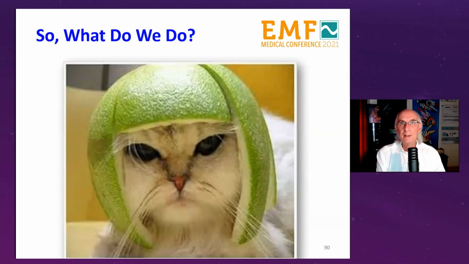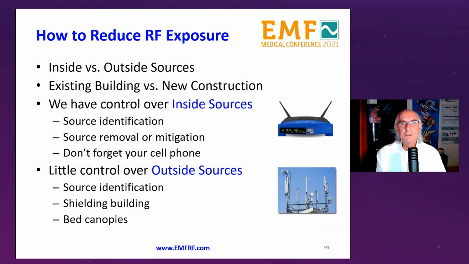What do we do? How do we deal with radio frequency fields? Okay, well, a couple of solutions, all right? So first of all, we have to differentiate between interior sources and exterior sources. Over exterior sources, we have very little control. The broadcast tower, the cell sites, and so on.